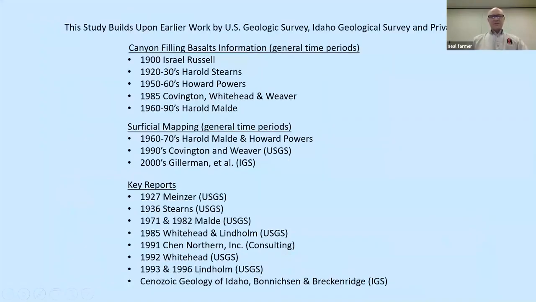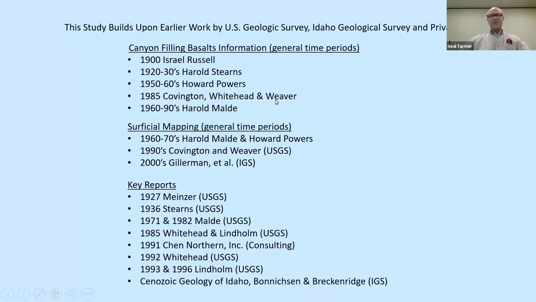and laser transit. There have been a lot of studies since about 1900. Israel Russell started in 1900, then Harold Stearns in the 20s and 30s, Howard Powers in the 50s and 60s roughly, and these are just general time periods.